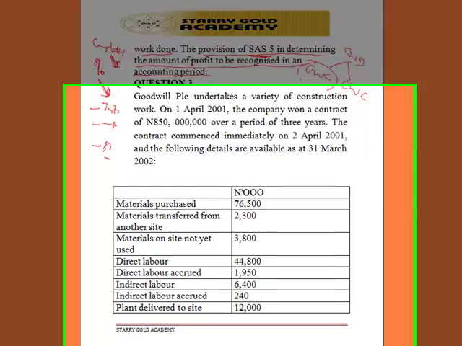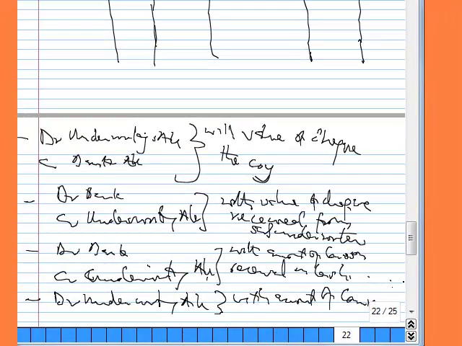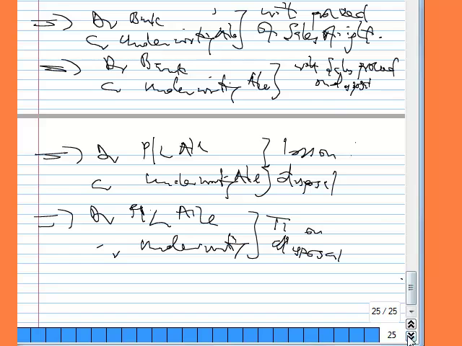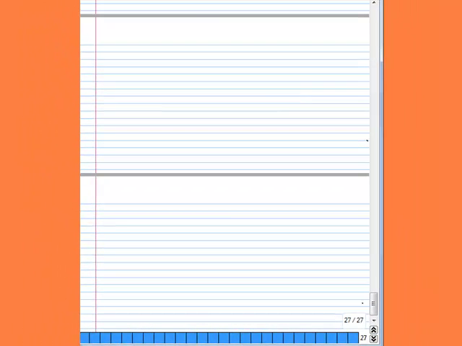Now, the profit can be determined in any of the following ways. Firstly, you have the cost of work completed to date over estimated total cost to completion, times the total estimated profit.